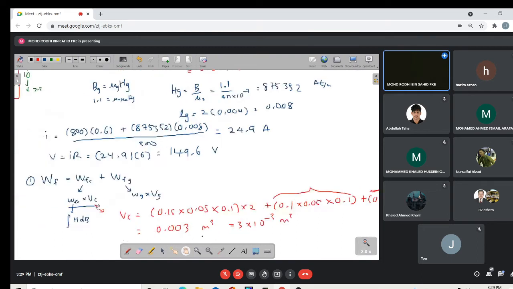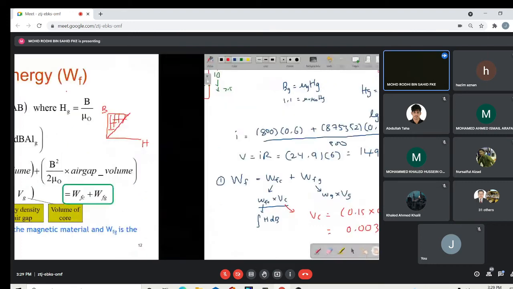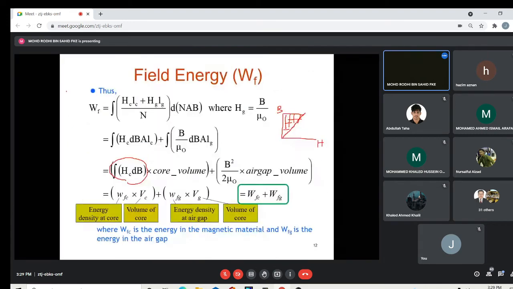Now we go to the air gap. So how do we want to find the energy density of the air gap? If you look back at the equation, it is actually B squared divided by 2 mu naught.